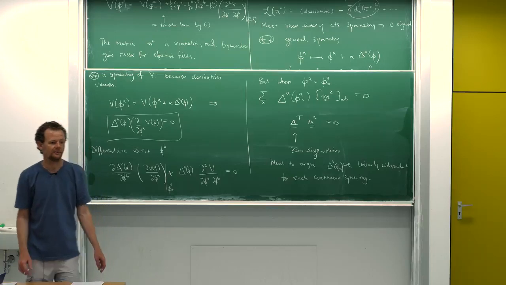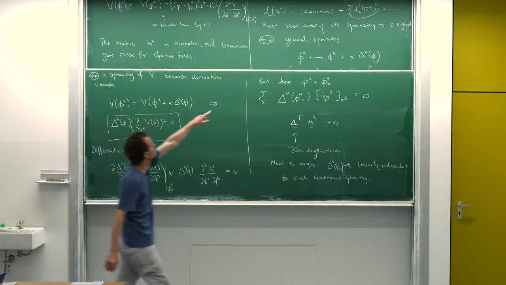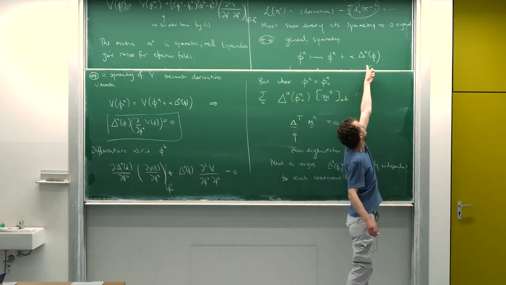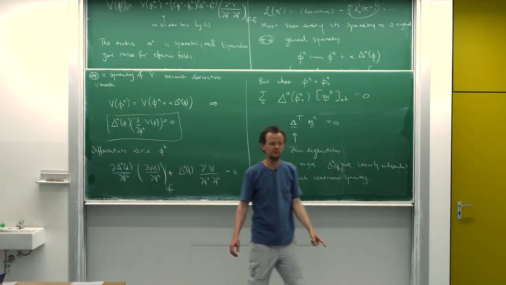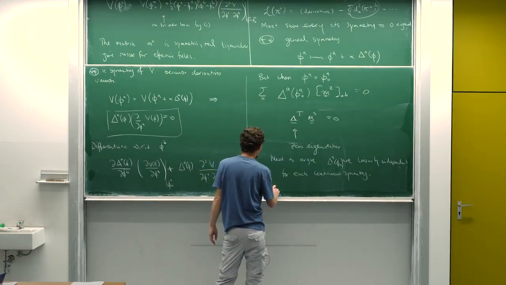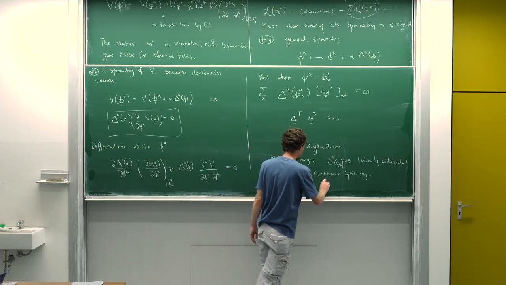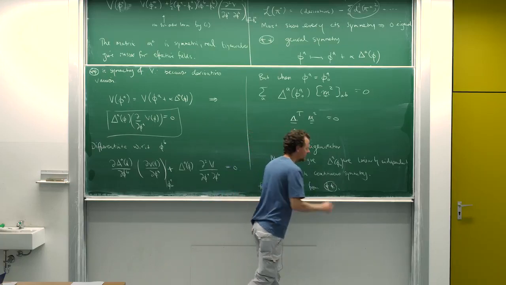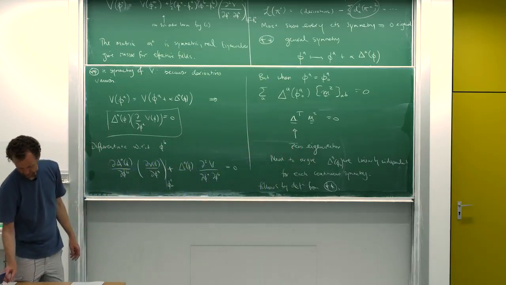Right? But that follows from the definition of independent continuous symmetry right back here. So if they were not linearly independent up there, then these wouldn't be independent continuous symmetries.